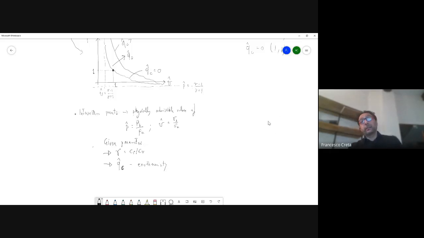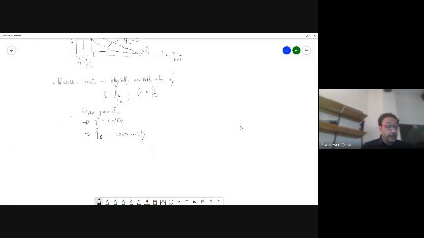It depends on the composition of the mixture, for example the equivalence ratio, and it also depends, obviously, on the fuel and oxidizer.